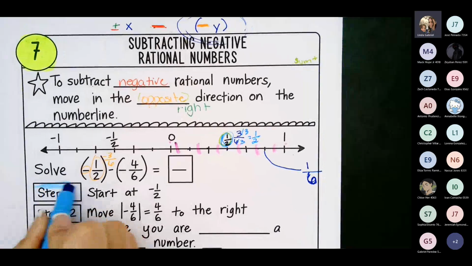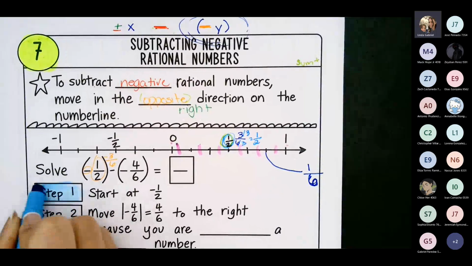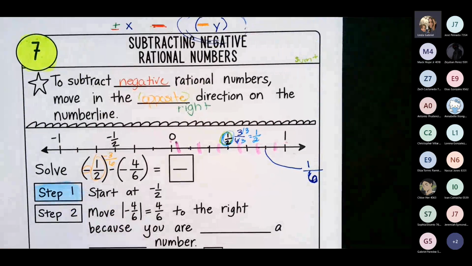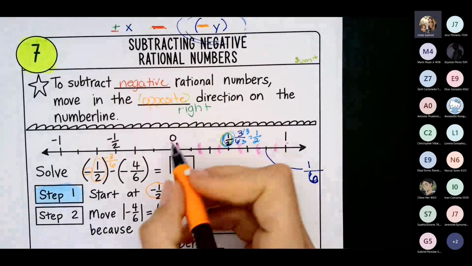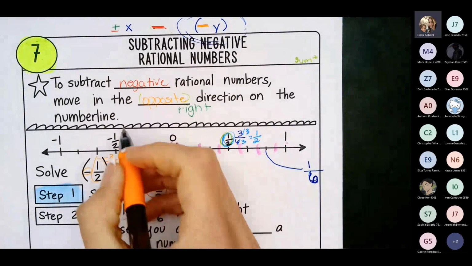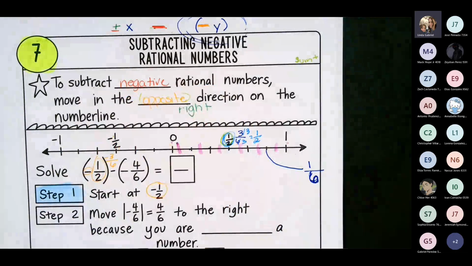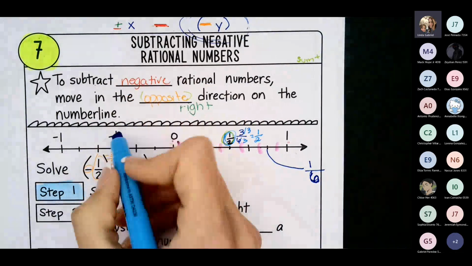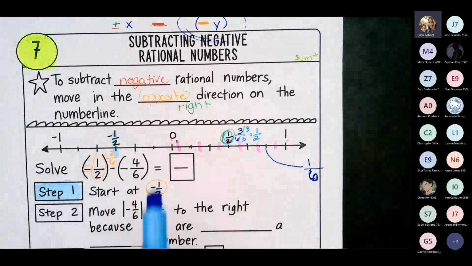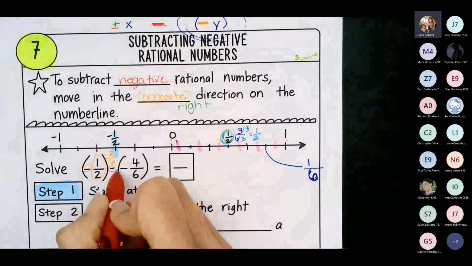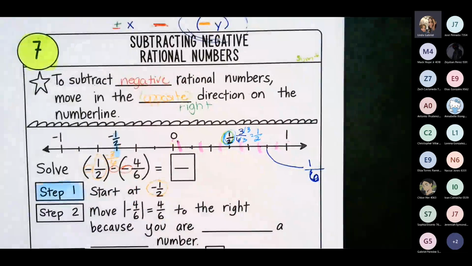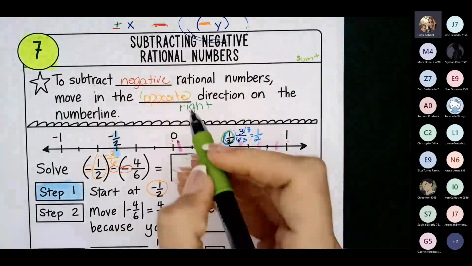So let's go to step 1, subtracting negative numbers. I'm going to start at negative 1/2. I know that negative 1/2 is less than 0, right? So this is my starting point, negative 1/2. According to my rule, since I am subtracting a negative value, I will be moving to the right, right?